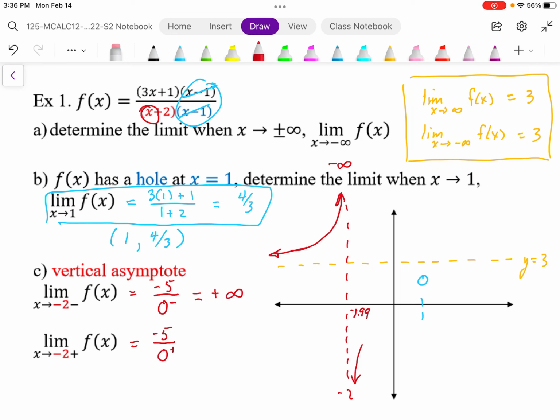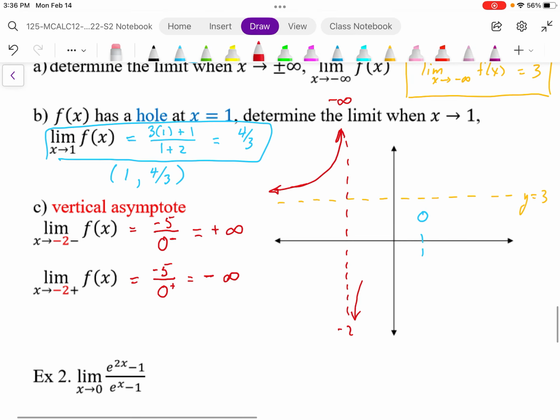So I'm approaching 0 from the positive side. So if I'm dividing by 0, I get infinity. And if I look at the signs, negative divided by positive is going to give me negative infinity. And so that's how I can justify that the limit is going down to negative infinity. So it's going down on this side, up on the other side. And once I have that, I can just sketch in my graph.